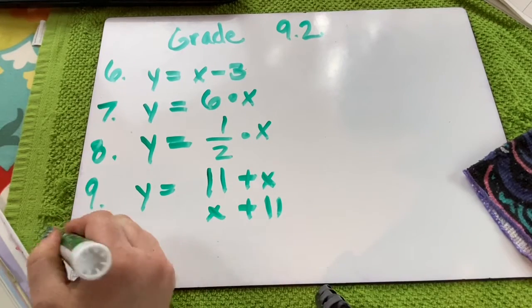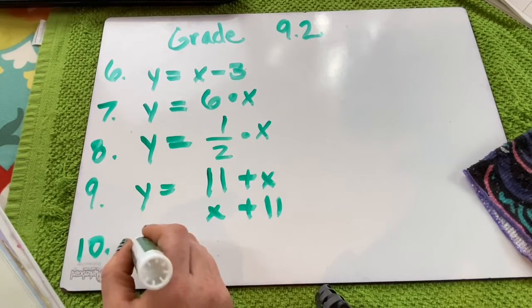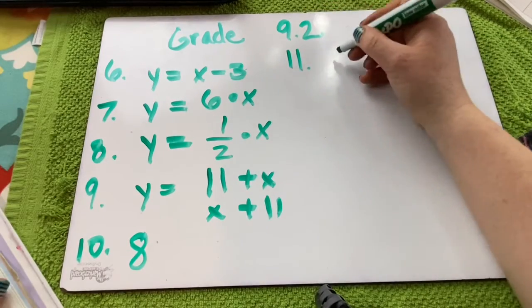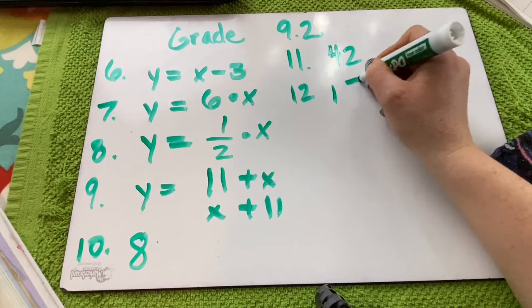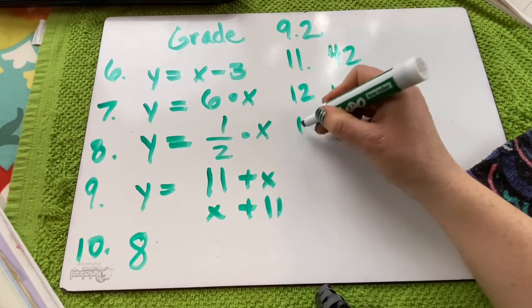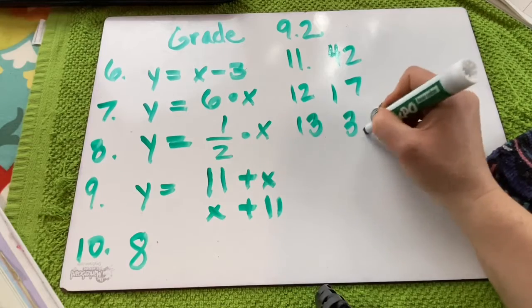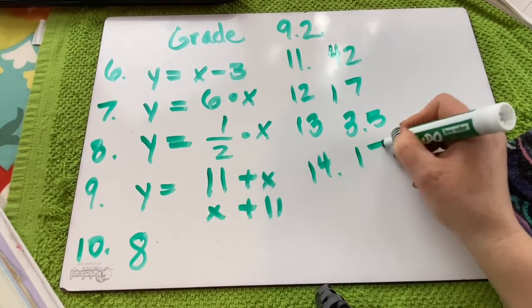Okay? Number 10 is 8. Number 11 is 42. Number 12 is 17. Number 13 is 3.5. Number 14 is 17.